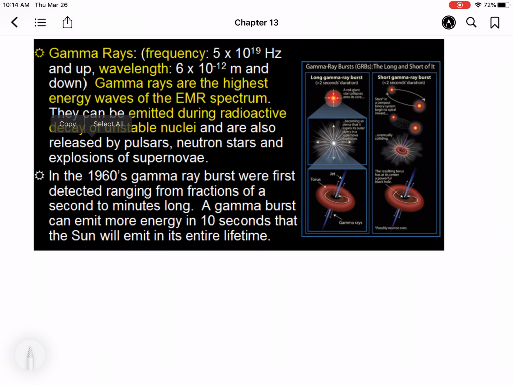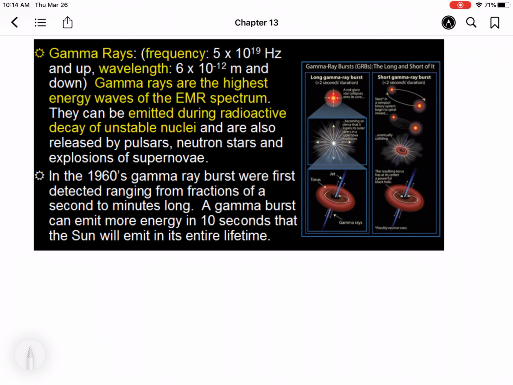So this explosion of supernovae, we're talking about basically an entire star decaying and then blowing up, right? There's so much energy, and so it's going to give off these bursts. In the 1960s gamma ray bursts were first detected, ranging from fractions of a second to minutes long.